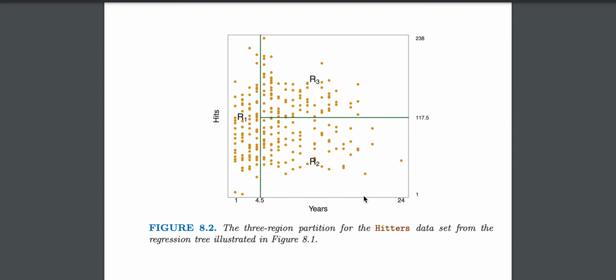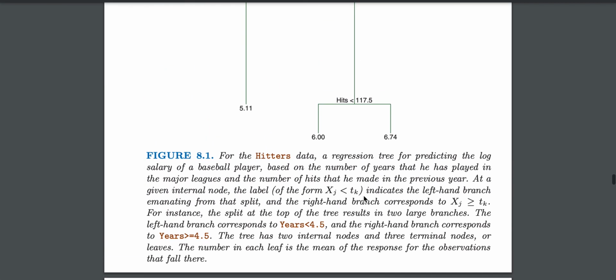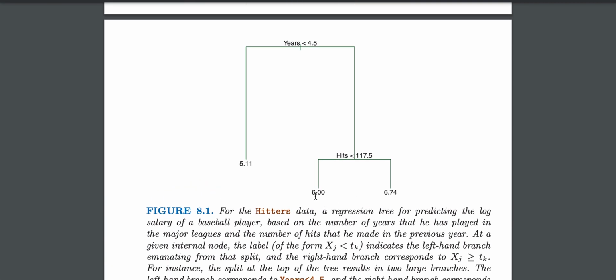So before we go to the hitters data, I just want to clarify what we mean by the log salary is 6. For example, what is that supposed to be? First of all, the scale is in thousands of dollars.